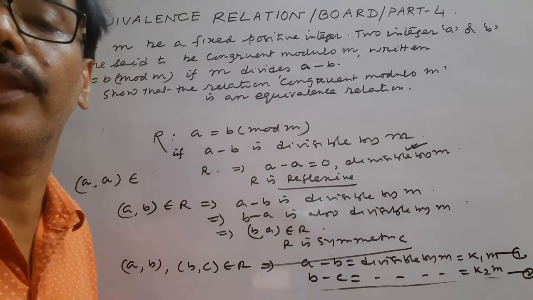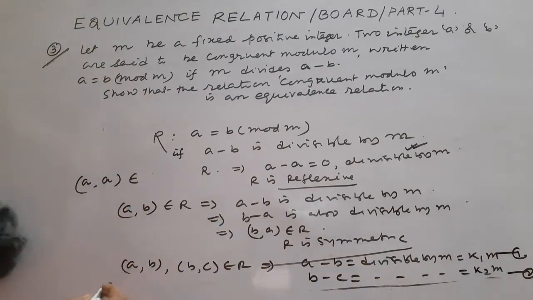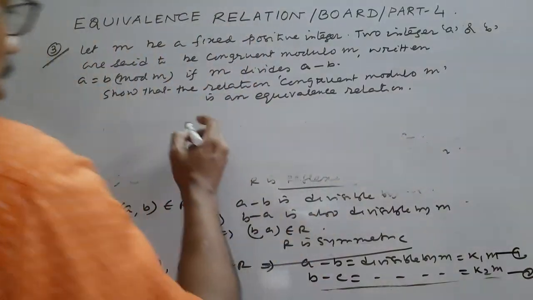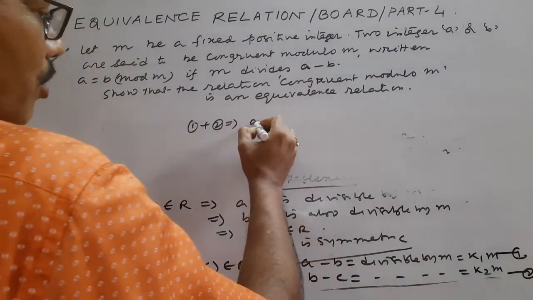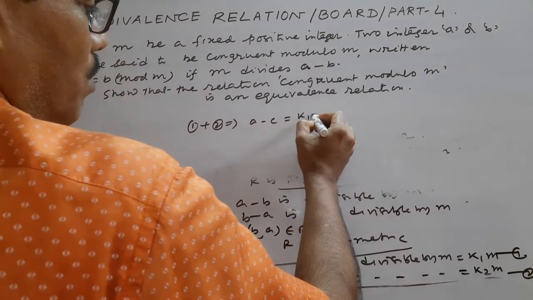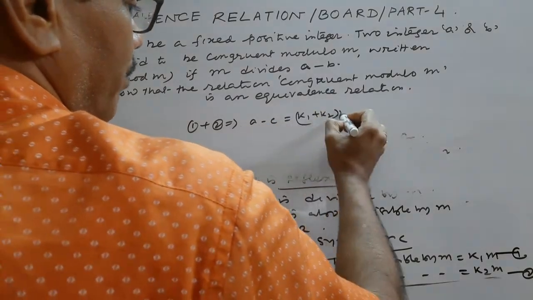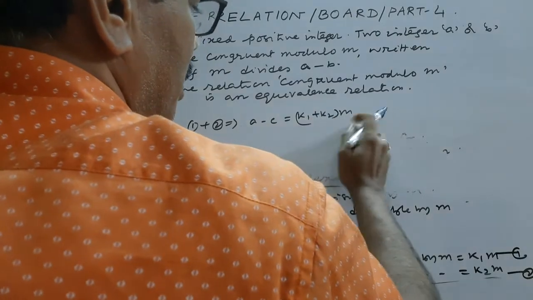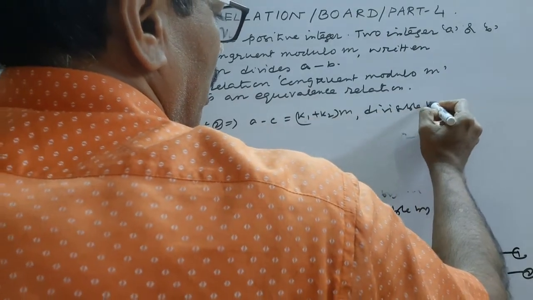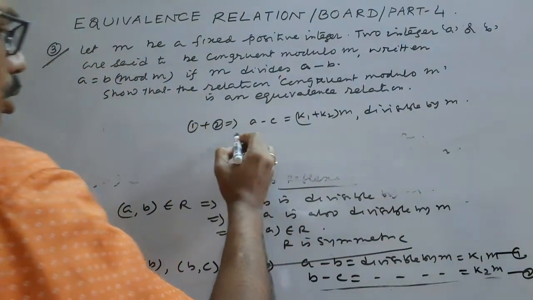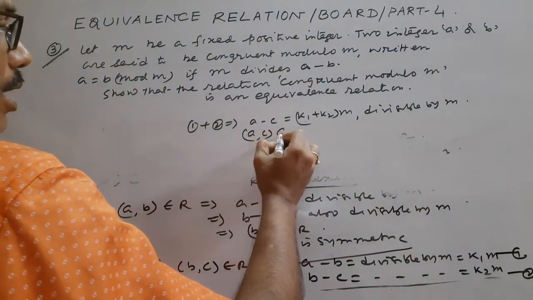So 1 plus 2 implies A minus C equals K1 plus K2 into M. So integer into M is divisible by M. So AC belongs to R.